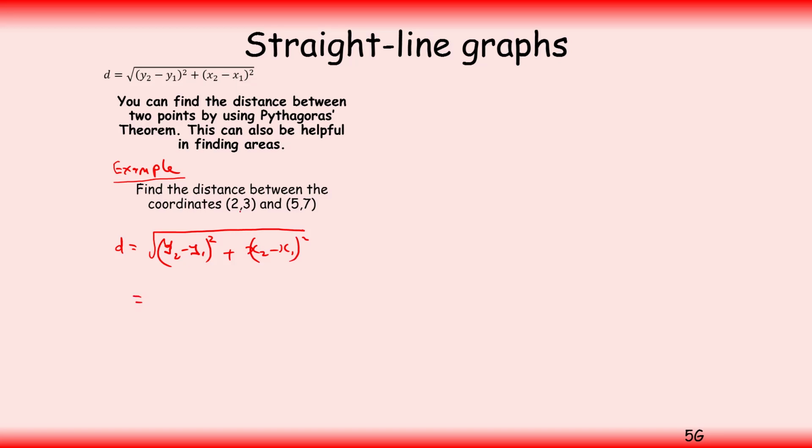So if we sub, it doesn't matter which way around you put them, but let's call this 1 and this 2. Then we've got the square root of y2, 7, minus y1, 3, so 7 minus 3 squared, plus x2 minus x1, so 5 minus 2.